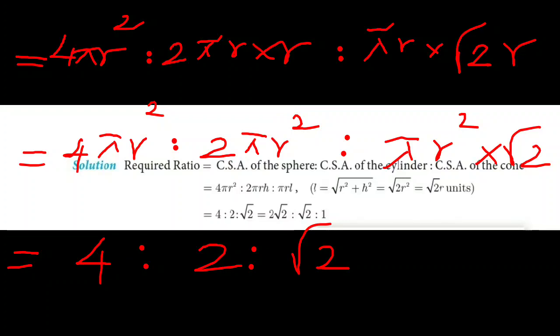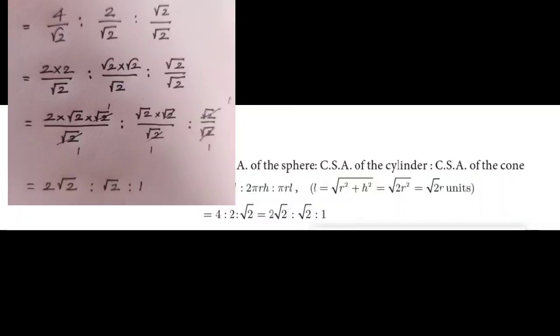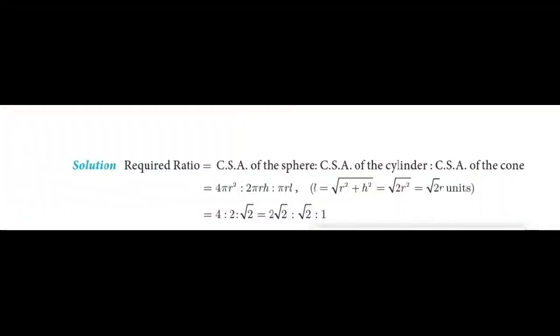Then r squared cancels, so 4 is to 2 is to root 2. Here dividing by root 2, 4 divided by root 2 is to 2 divided by root 2 is to root 2 divided by root 2. After simplifying, we get 2 root 2 is to root 2 is to 1.